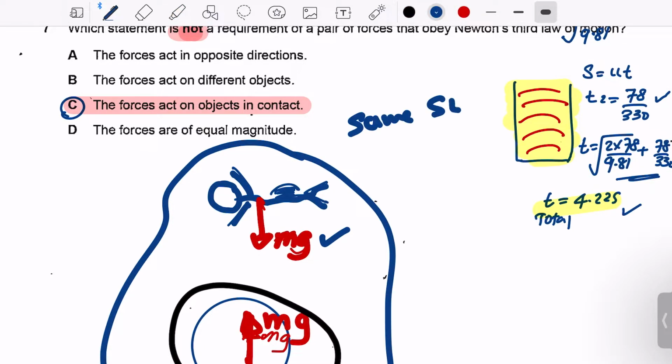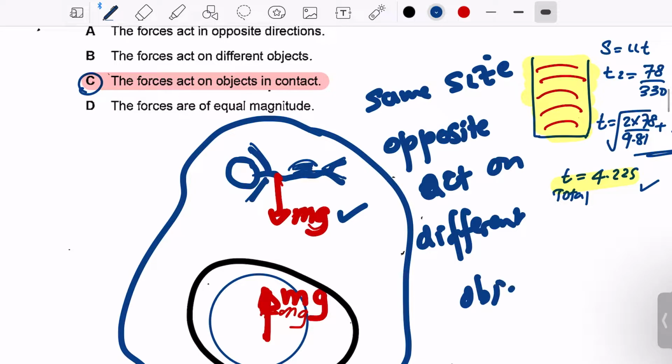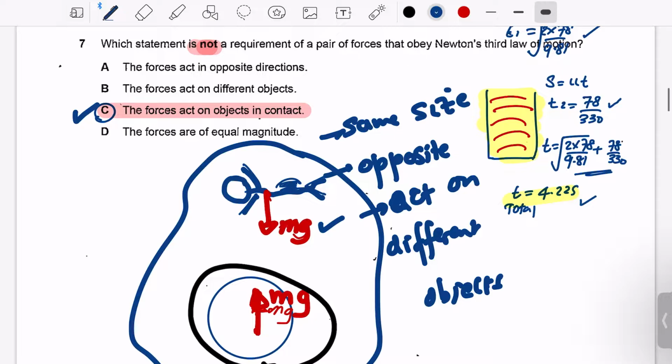Same size, opposite direction, and acting on different objects. These are the three conditions. 1, 2, 3. Answer C, acting on objects in contact, is not a requirement.